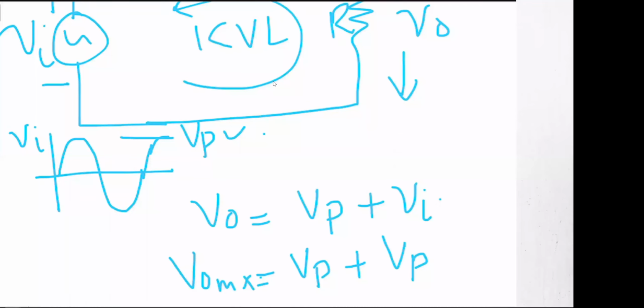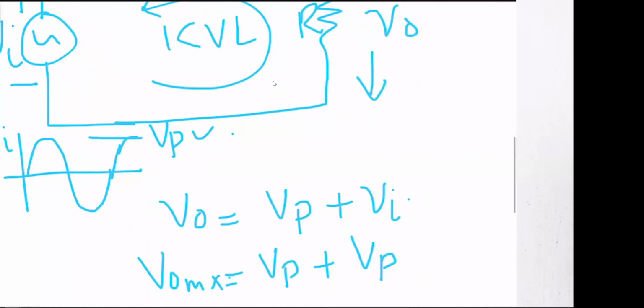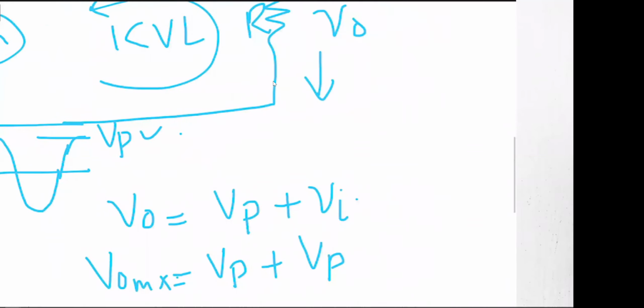So therefore V naught max will be equal to 2 VP, right? Are you with me now? Yes, sir.